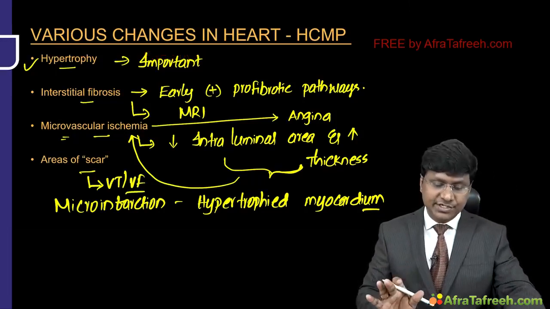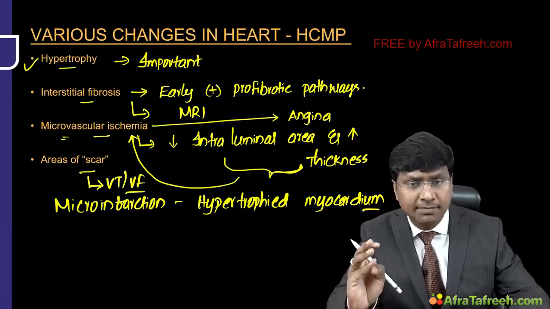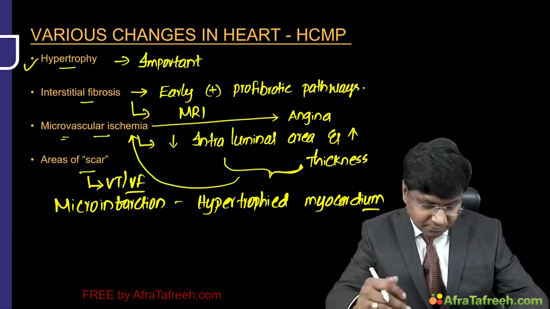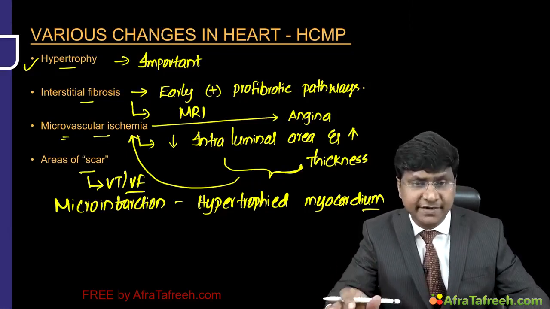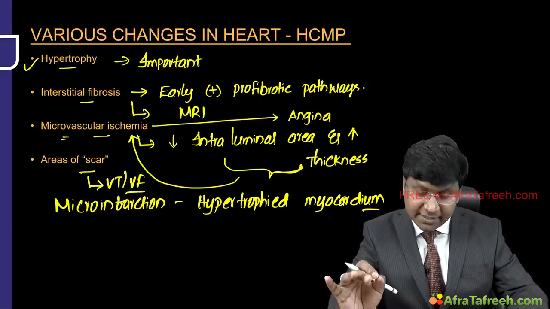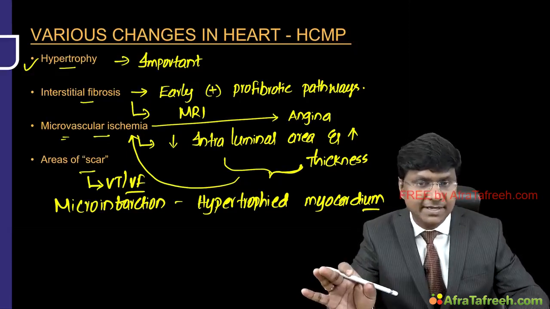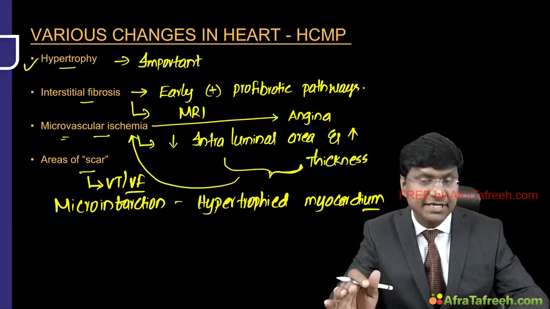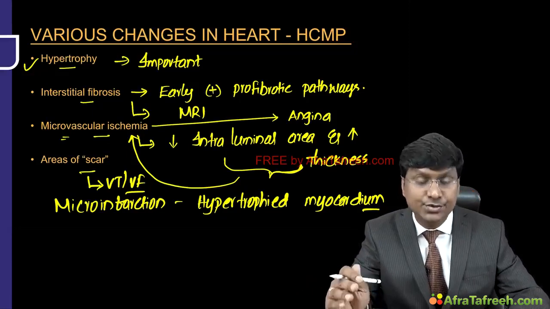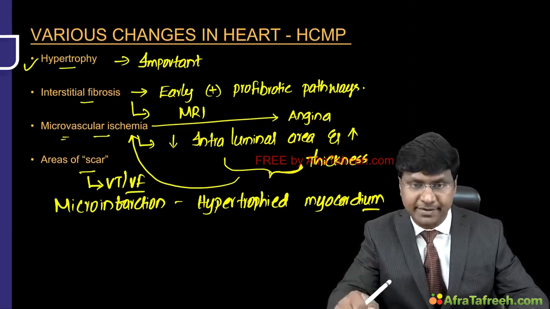So these are the various changes within the heart in case of hypertrophic cardiomyopathy. Definitely the very important changes: the hypertrophy, followed by interstitial fibrosis due to activation of the profibrotic pathways, which you can detect even by MRI. Subsequently, there will be microvascular ischemia as well as angina, due to decreased luminal area of the intramural vessels in hypertrophied myocardium.